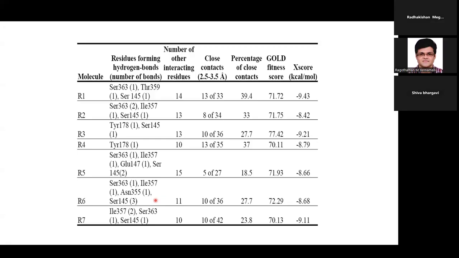Because this particular protein is not an enzyme, it is a structural protein, we take this criterion of interaction very strongly because we do not know which residues are important for the viral protein function.